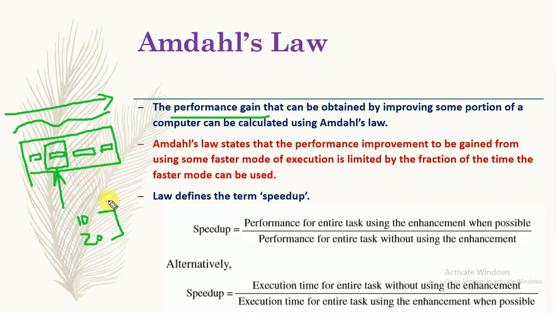Normal flow, the performance is 10, and when we improve some portion of the entire computer system, the performance has been improved to 20. So now we can see that the performance gain is 2 times, from 10 to 20. 2 times is the performance gain when compared to the previous normal flow of execution.